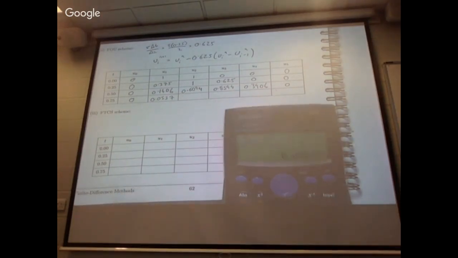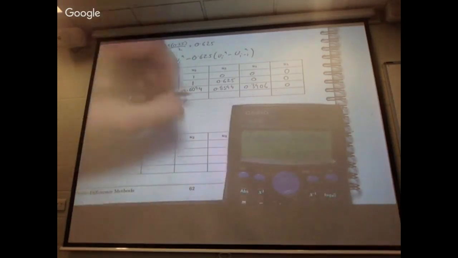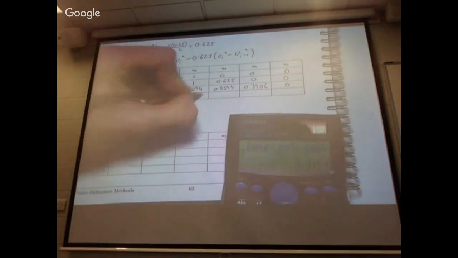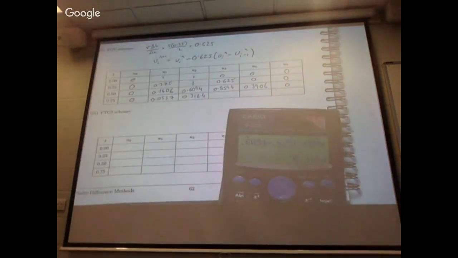And in this case, 0.6094 minus 0.625 times 0.6094 minus 0.1406 gives 0.3164. And keep going.